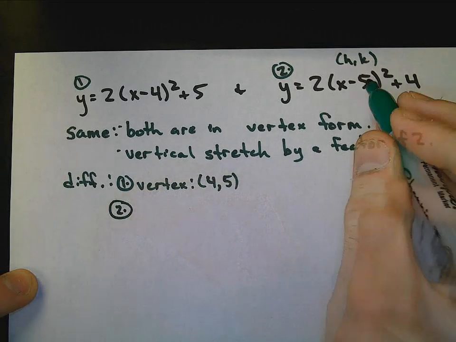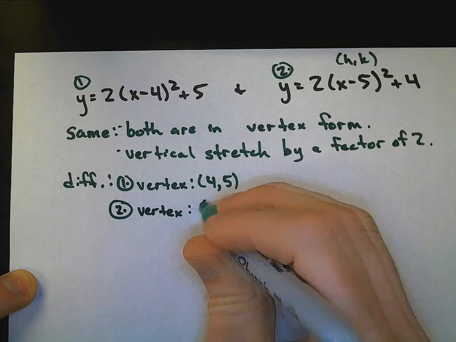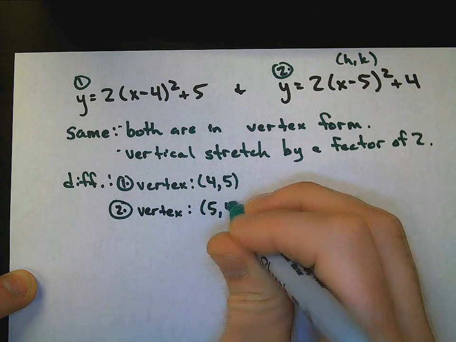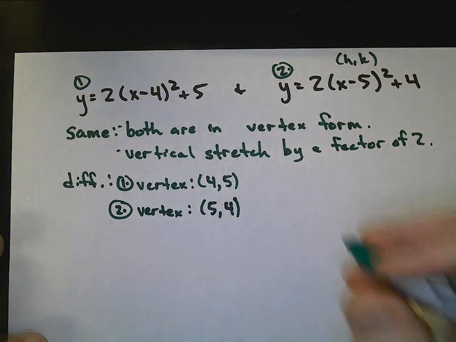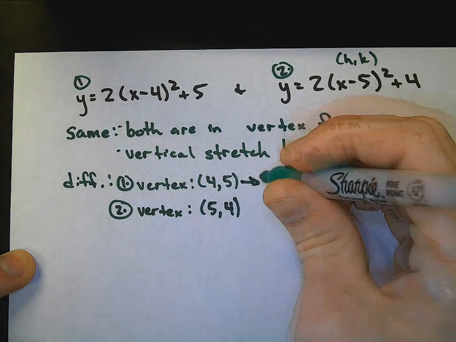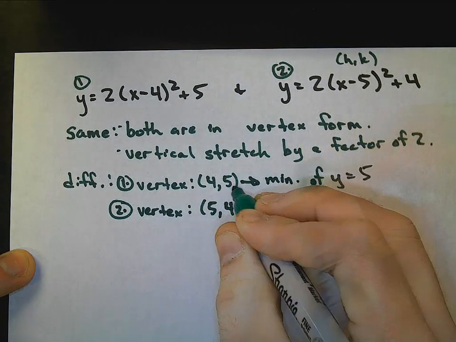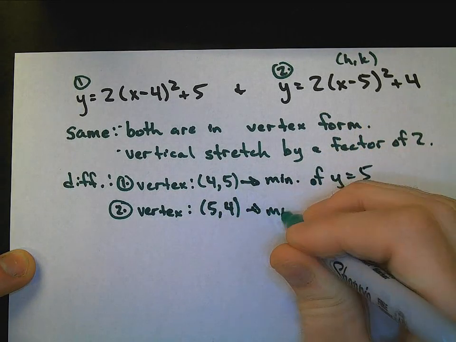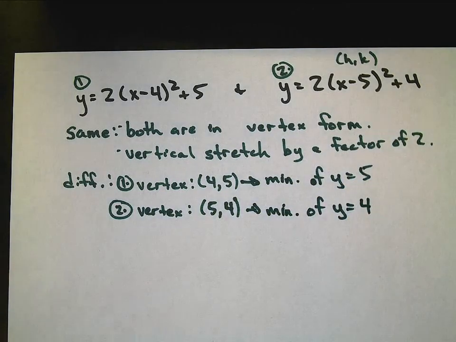And in the second one, our vertex will be 5, 4. So what this tells us, in the first one, and by the way, these both open up as well, this one has a minimum of y equals 5, because that's our k value, and the other one has a minimum of y equals 4.